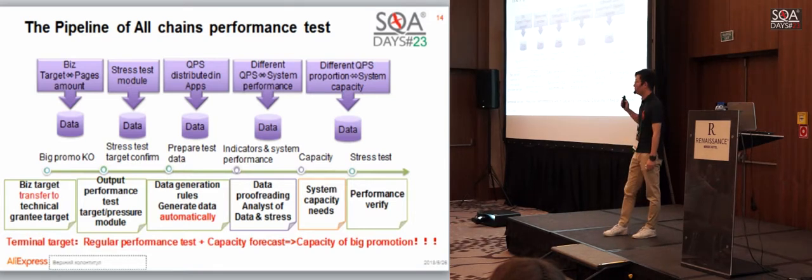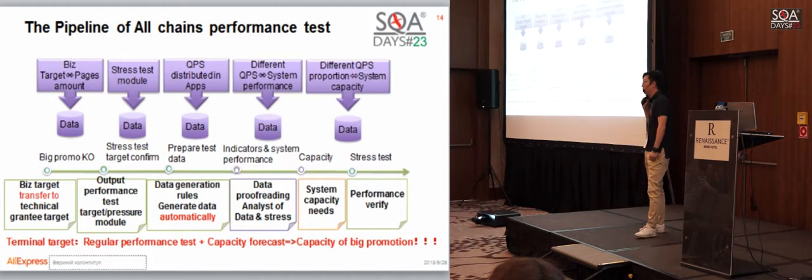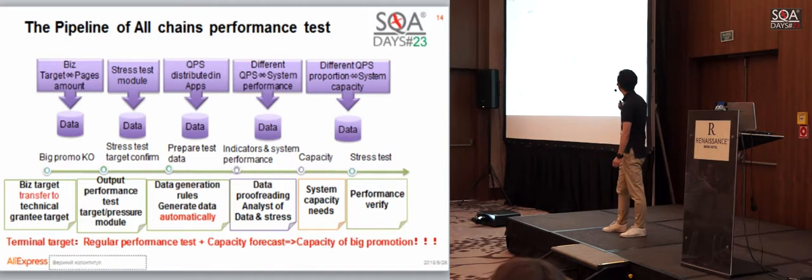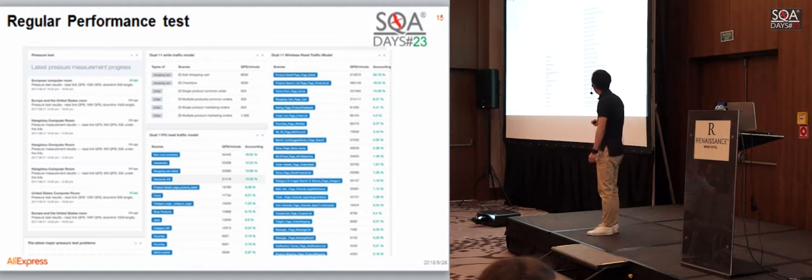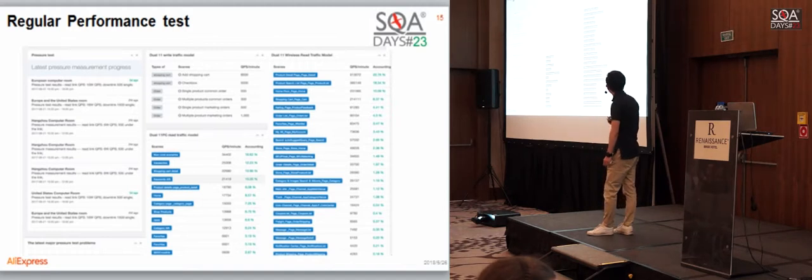Okay, we also have some platforms to support our performance test and all-chain performance test. This is for the regular performance test. We can see the capacities of every data center. Here is the history of our performance tests, and here are some traffic models for read and write traffic.